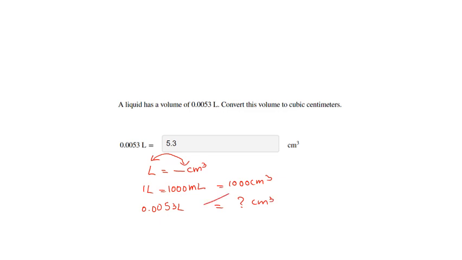So I will just cross multiply. That means 1 liter times question mark centimeter cube equals 0.0053 liter times 1000 centimeter cube. So I have to isolate the centimeter cube. This is 1 liter, so I will divide both sides by 1 liter.